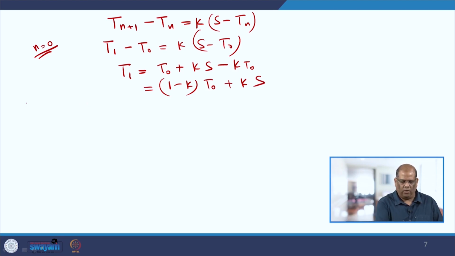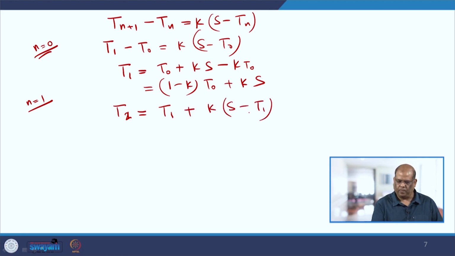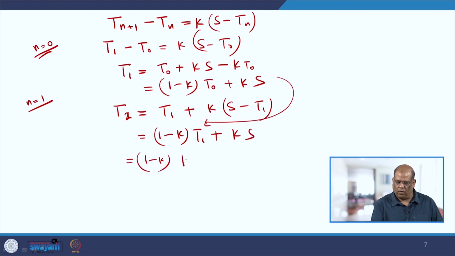If I want n equal to 1, T2 is equal to T1 plus k times (S minus T1). So, this is (1 minus k) times T1 plus kS. I substitute what T1 is from here and I get (1 minus k) times ((1 minus k) T0 plus kS) plus kS.